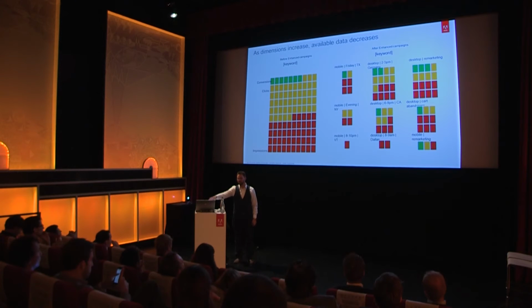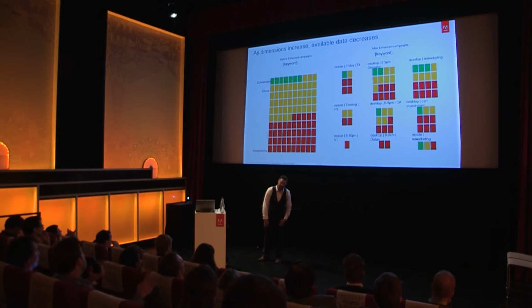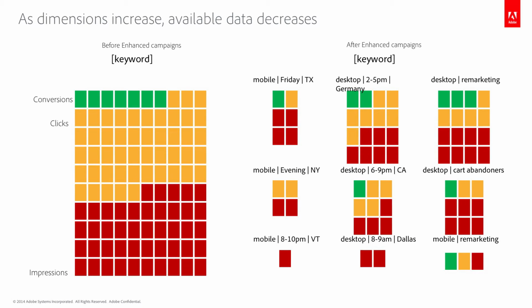So to give you an example, we talked about the green of converting, the orange of non-converting cost, and the red of ignored impressions. That's great. That makes us feel like we have tons of data to work with. But then as soon as you apply any of those dimensions of geo, time, audience, and device, all of a sudden the data becomes much more sparse. The decisions that you have have much fewer signals.